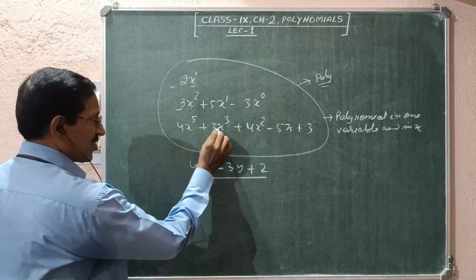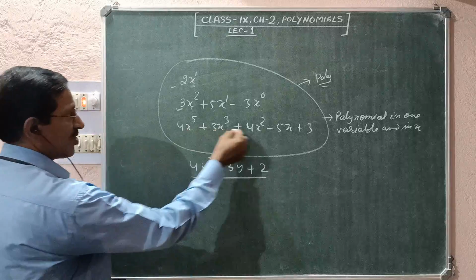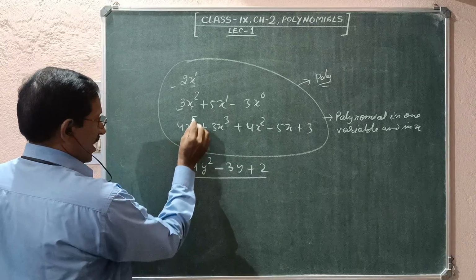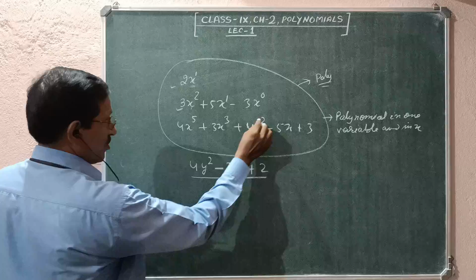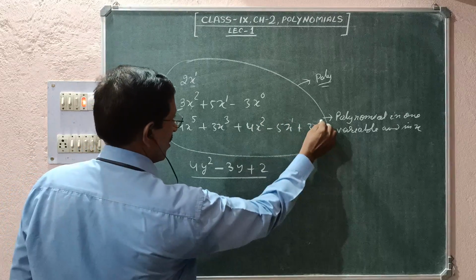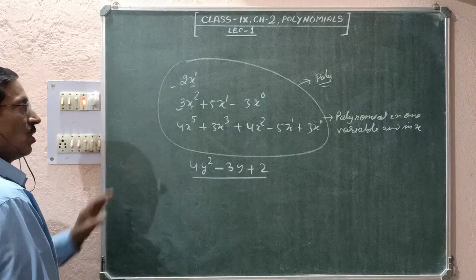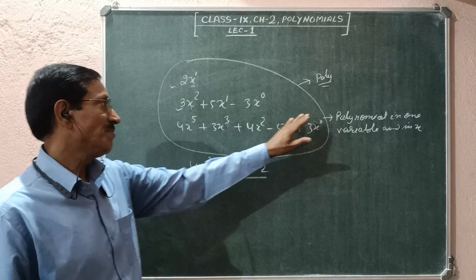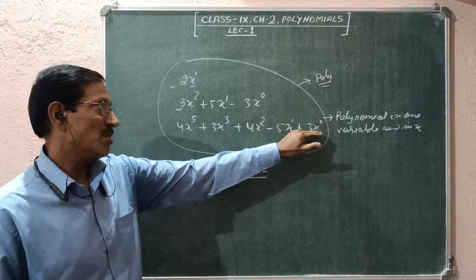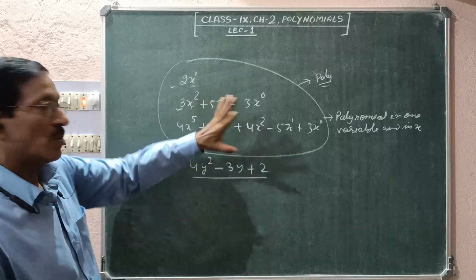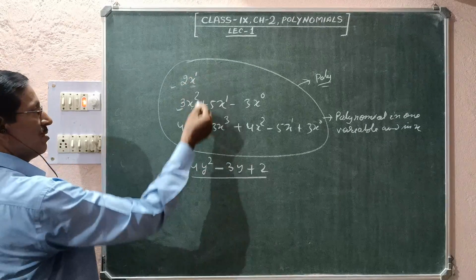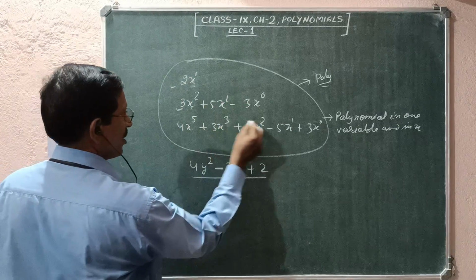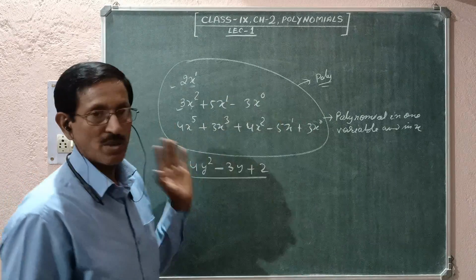In each term, we observe carefully, and we are looking that all the exponents in each and every term are whole numbers. Here 1, 2, 1, 0, 5, 3, 2, 1, 0, all are whole numbers.